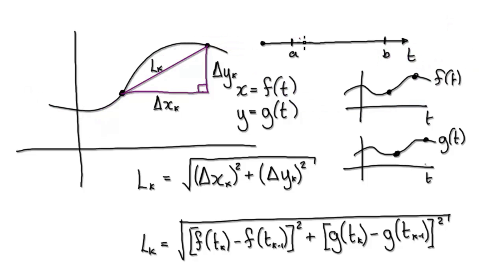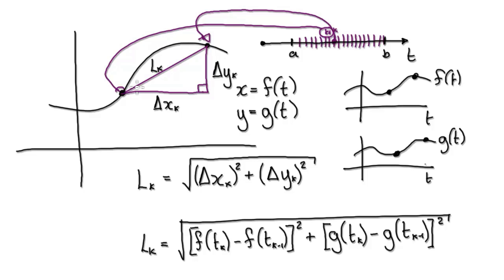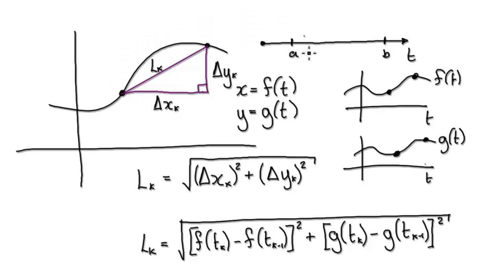The idea is this is time, everything's driven by time, so we're going to cut it up into lots and lots of different segments, and let's say this is K here, and this is K minus 1. So when time is here, this will be your K, and this will be K minus 1, which will be this point here.